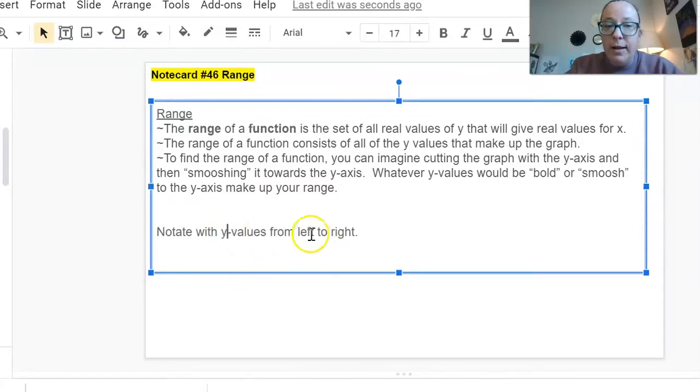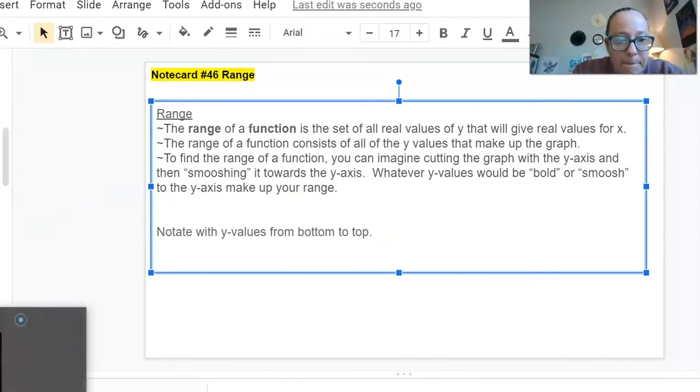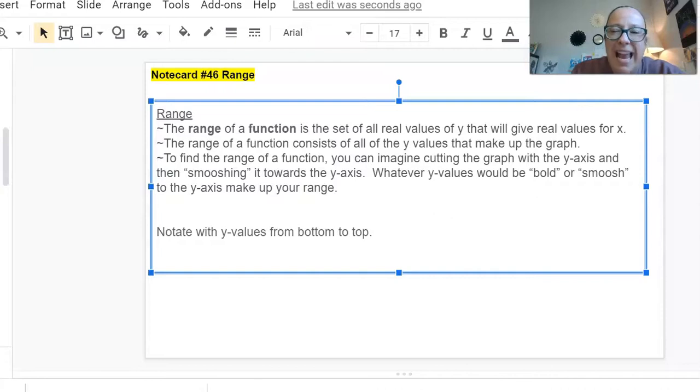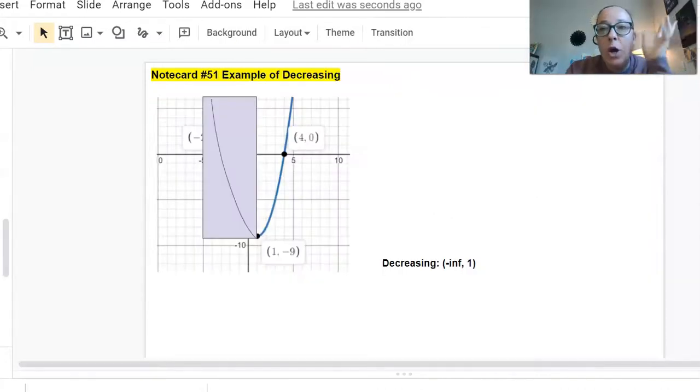This is the only one that we notate with y values from bottom to top. So go fix those note cards. Pause me and go fix those note cards. I don't mean fix, I mean add. Okay, so hopefully now you're caught up and have added to all of your note cards through note card 51.